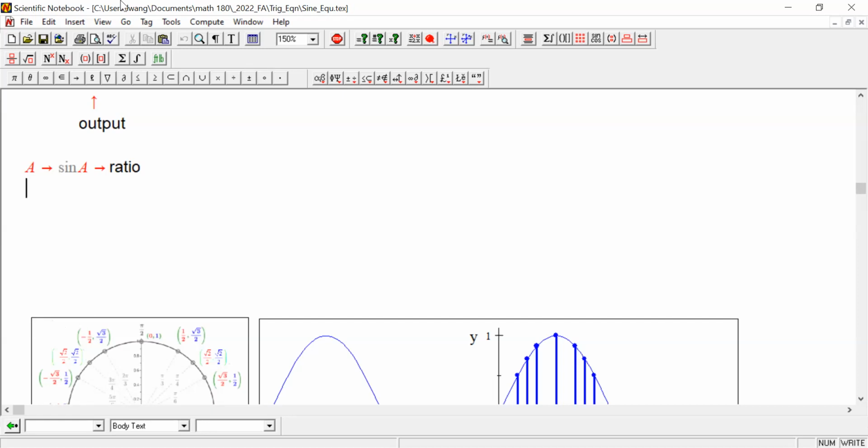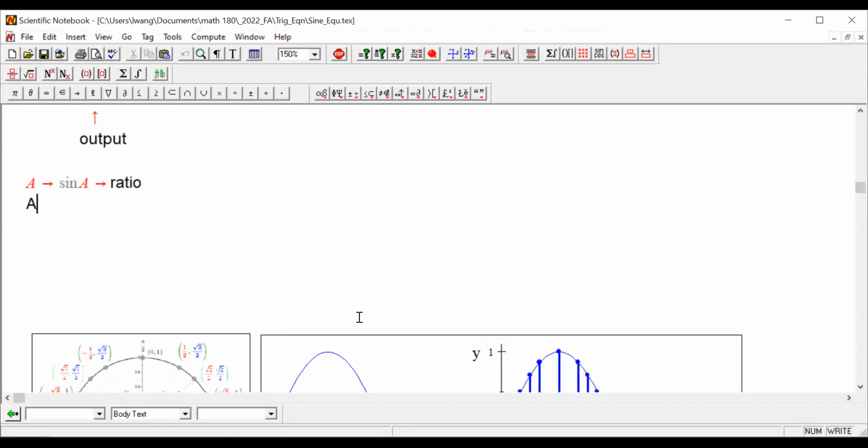Let's recall what ARD is once again. A is about angle measurement.